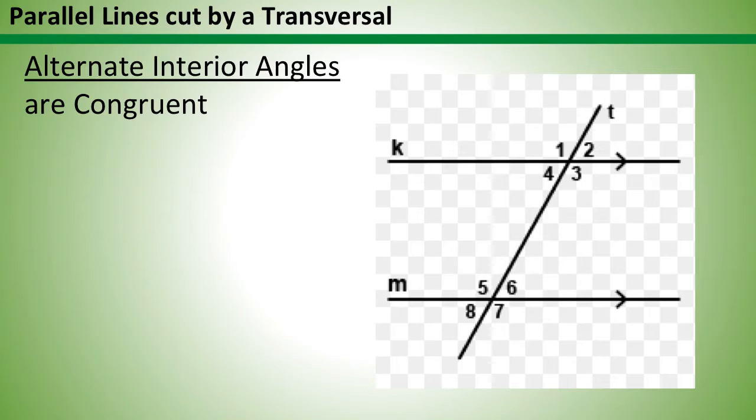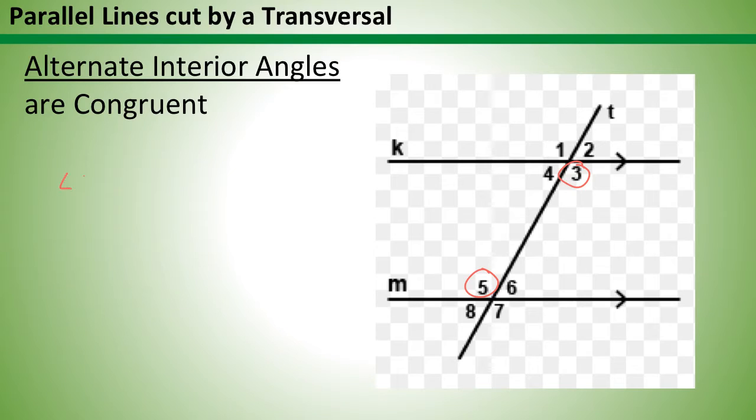The first type of angle that we're going to look at is alternate interior angles. Alternate is in reference to the transversal, so it means they're on opposite sides of the transversal. One example of alternate interior angles would be angle 3 and angle 5, because they're on alternate sides of the transversal and they're inside of the parallel lines.